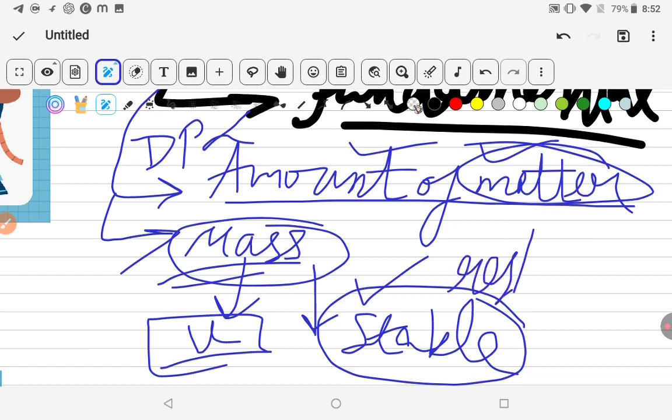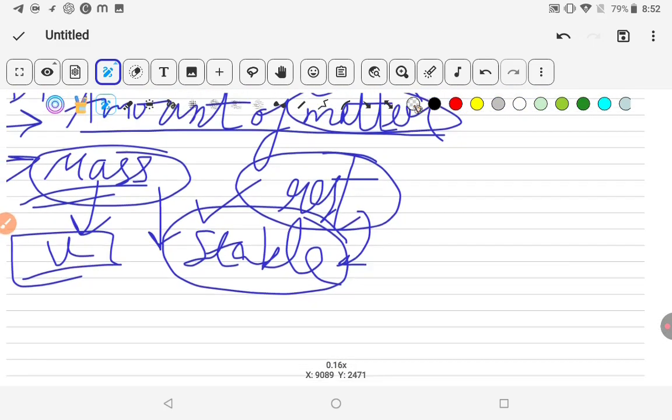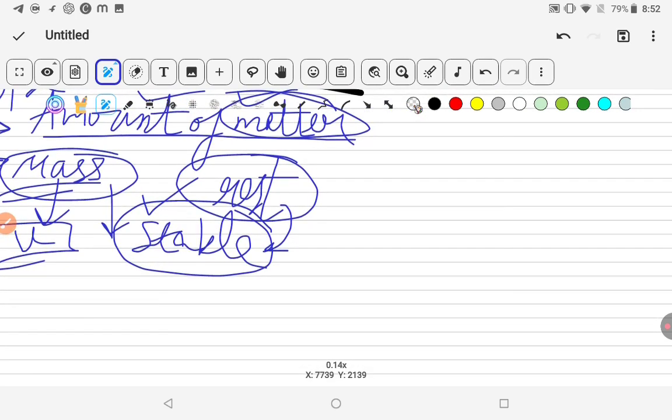According to science, the position of rest is called stable. So we often say, not thinking logically, that greater mass is not considered good, but scientifically, having more mass is good, because the more mass you have, the more stable you will be.